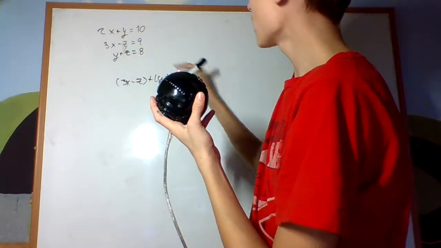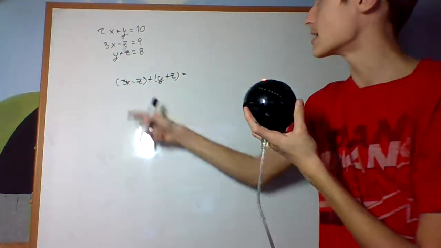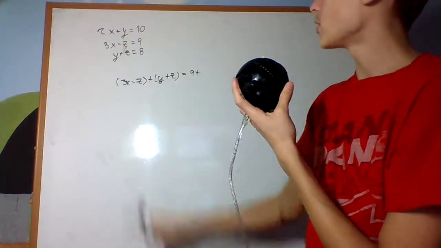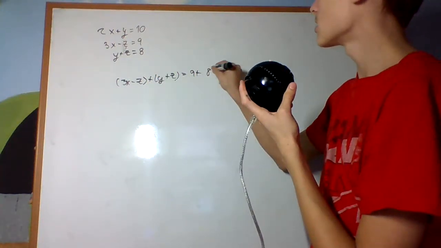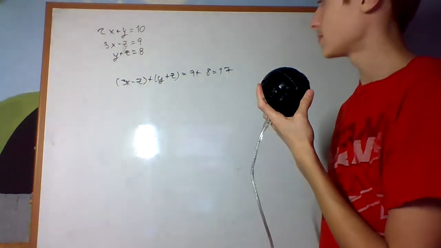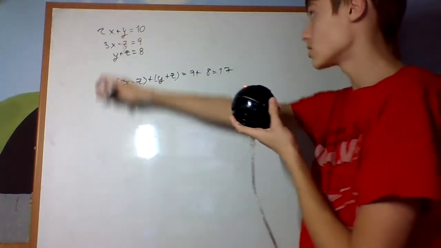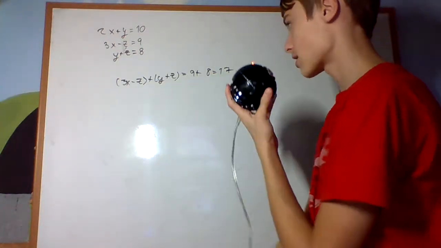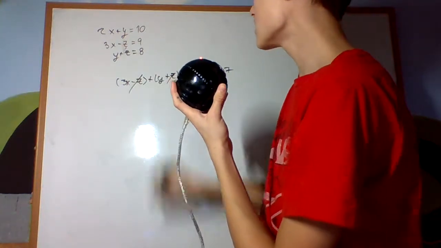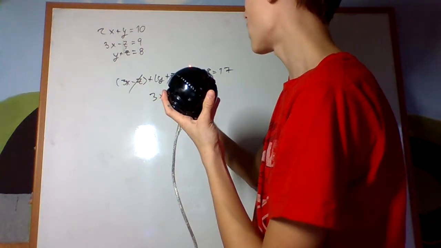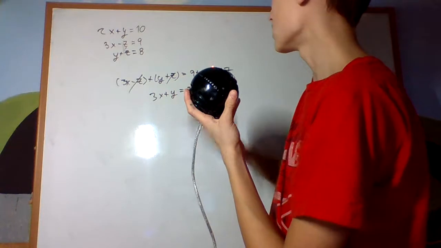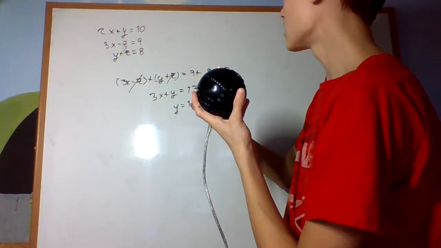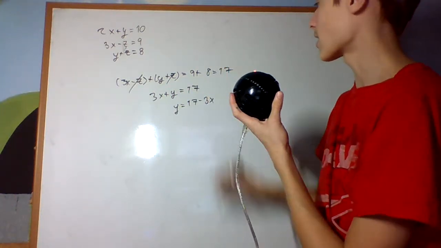I know what 3x minus z is, it's 9. I know what y plus z is, it's 8. That gives me 17. You can imagine also adding the two equations together. You can see the minus z and the z cancel, and I get 3x plus y equals 17, or that y equals 17 minus 3x.